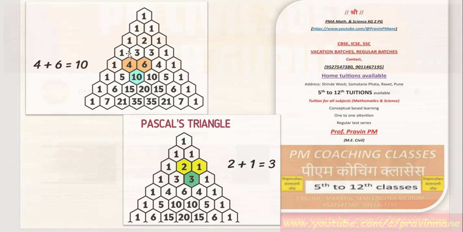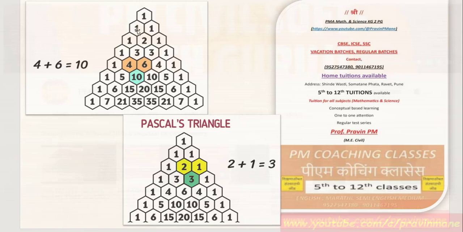Now, this is the triangle, and in this triangle, property number 1: any number, suppose this 10, is the sum of the two numbers exactly above it.